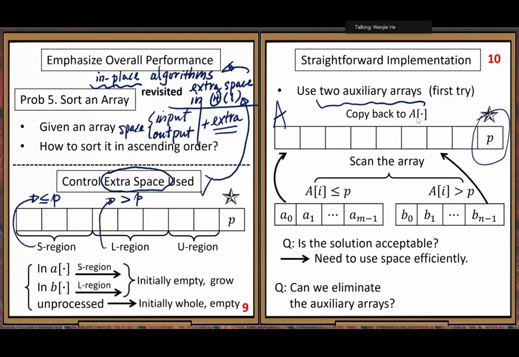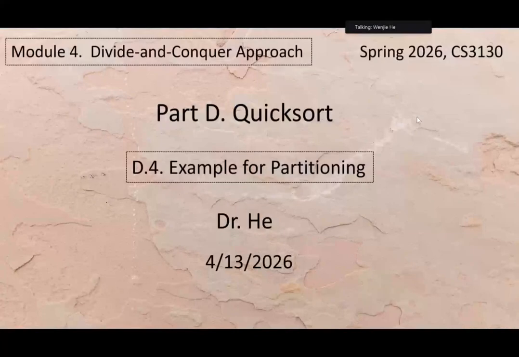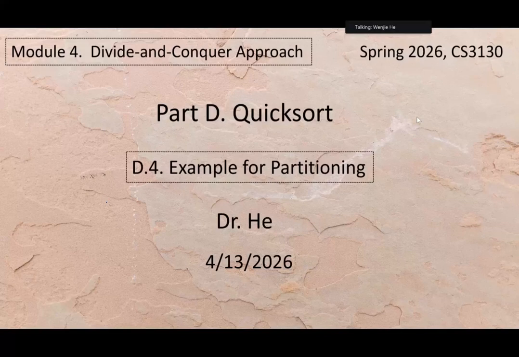So this diagram describes what we are going to do next. Next step, D.4, example for partitioning. When we do the partitioning, I just want to use a simple example to go through all the details of the partition step.